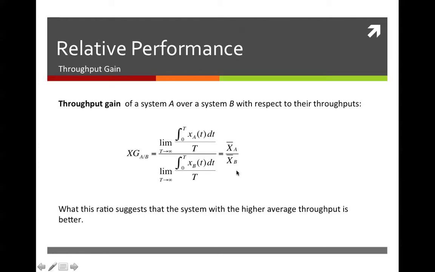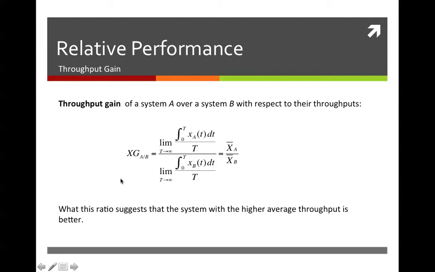So we individually compute the throughputs for A and B, and then we take the ratio of the two. And so this metric basically gives us the capability to determine the relative performance of the two systems.